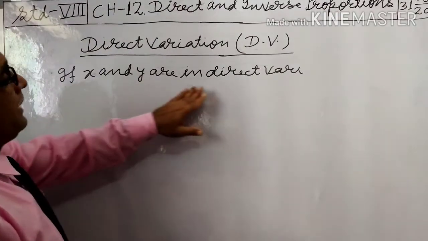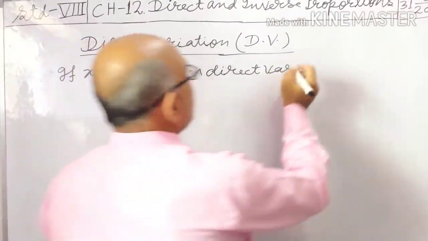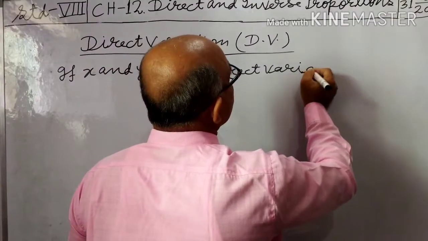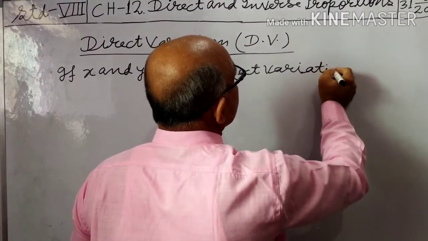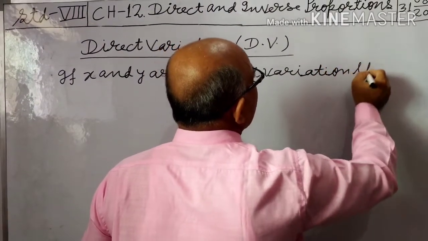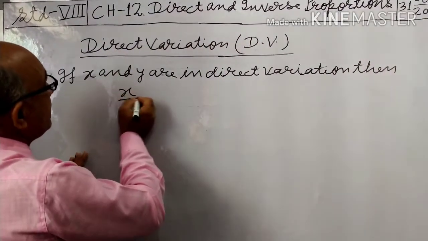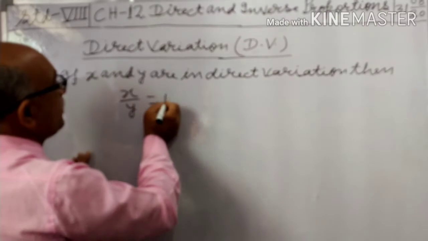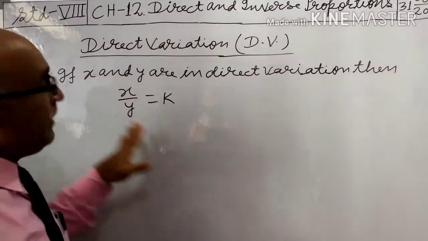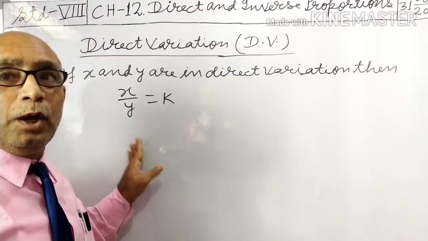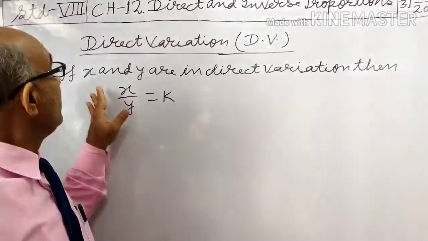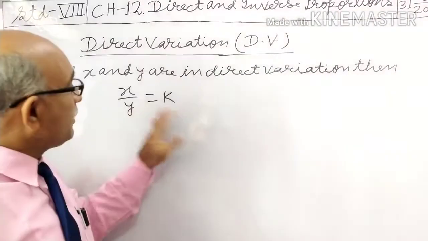If x and y are in direct variation, then x by y is equal to a constant. In direct variation, the ratio of two quantities is constant.